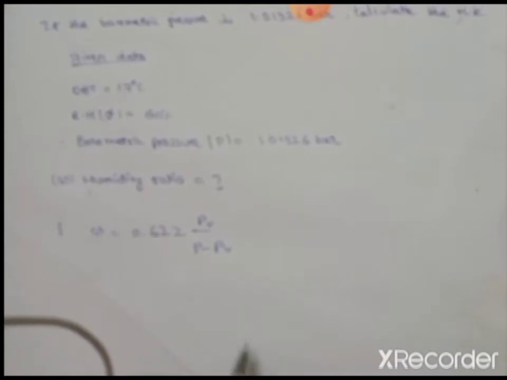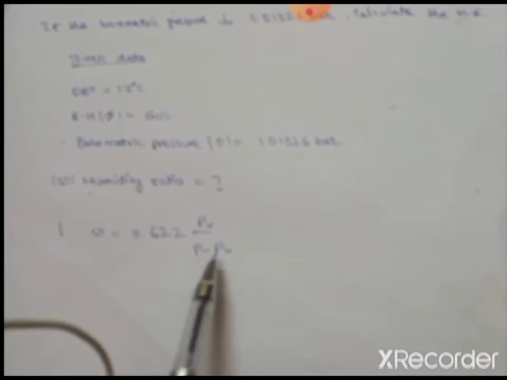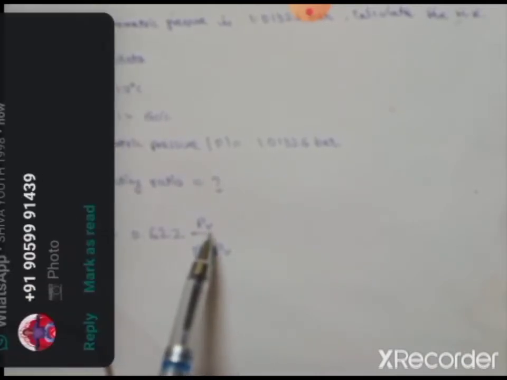Here P is the barometric pressure, PV is the vapor pressure.